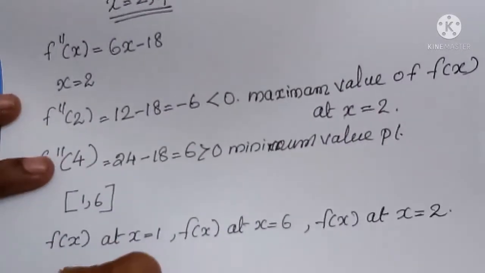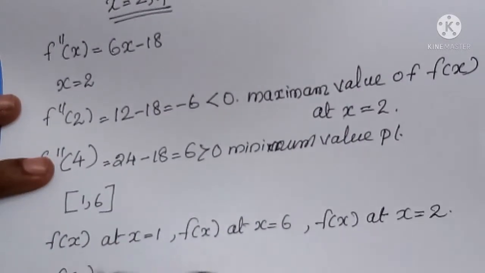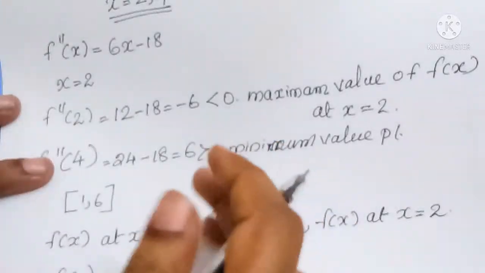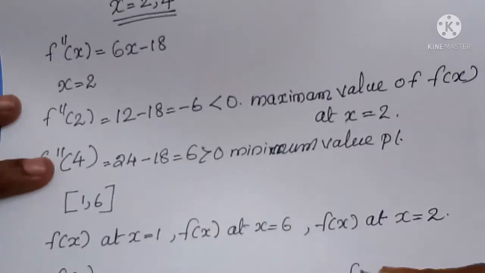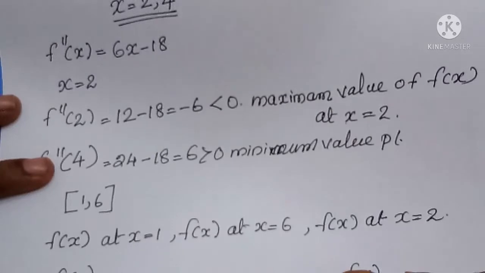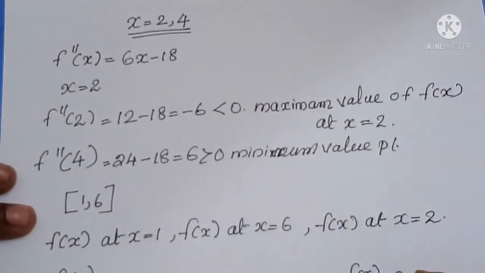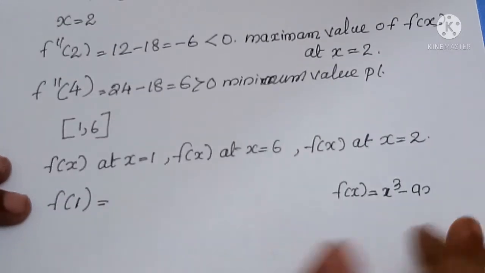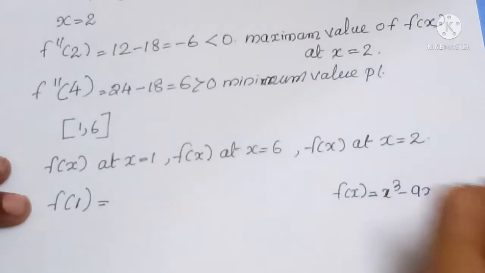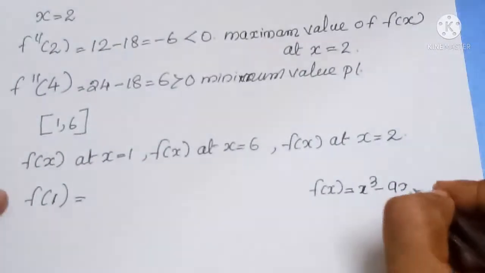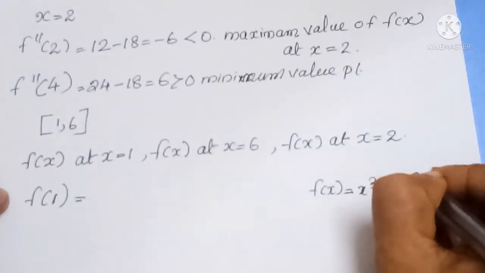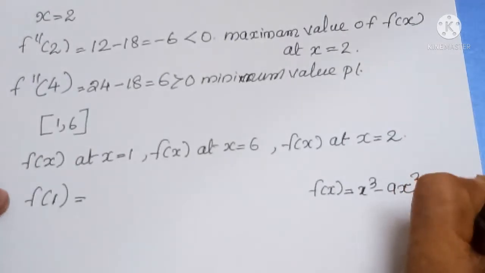Okay. So find out f of 1. What is f of x? We can write here f of x become x cube minus 9x square plus 24x plus 5.